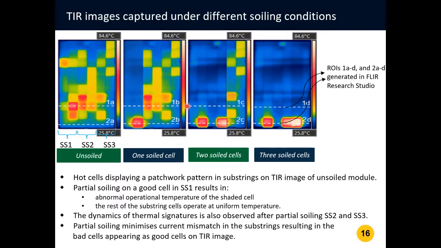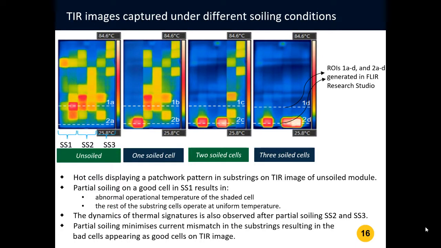Okay, so these are the TIR images that were captured under different soiling conditions. The image of an unsoiled module shows hotspots in a patchwork pattern in substrings 1, 2, and 3.